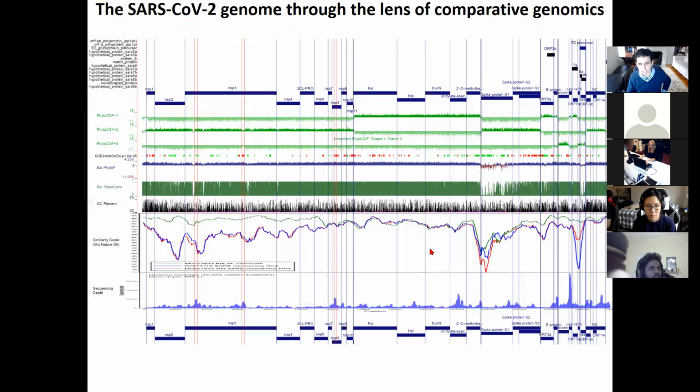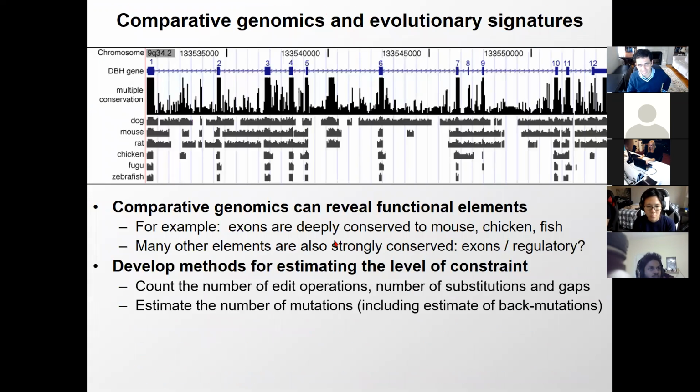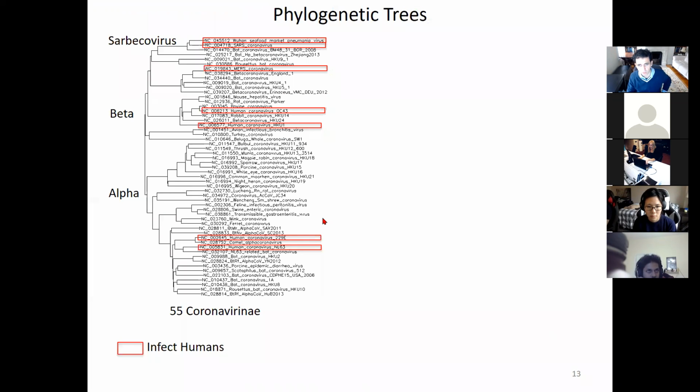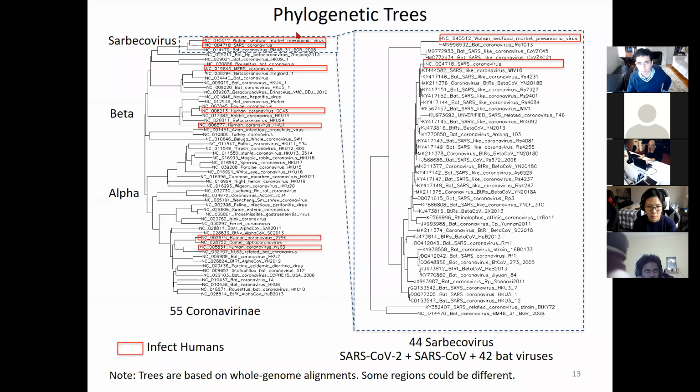So what we basically did is use the exact same method of detecting protein coding versus non-coding signals. And then we applied it to a subset of the coronavirus genomes that are very closely related to the current COVID-19 genome of SARS-CoV-2 and the SARS 2003 virus, SARS-CoV-1 or SARS-CoV.